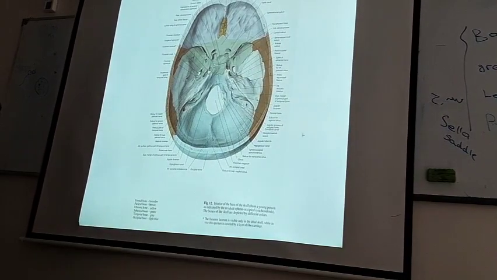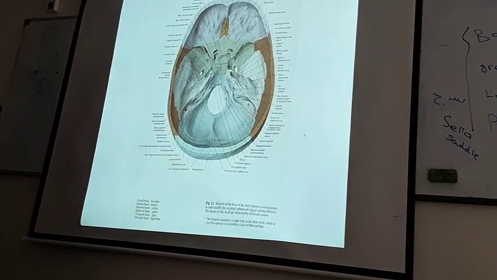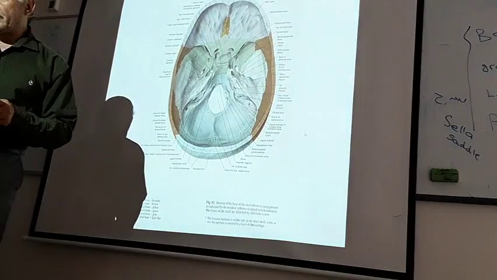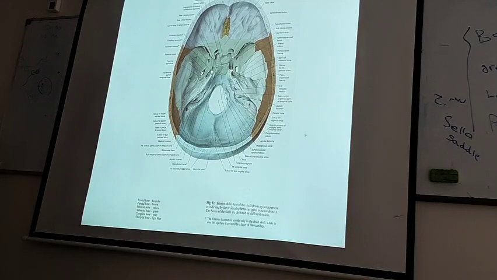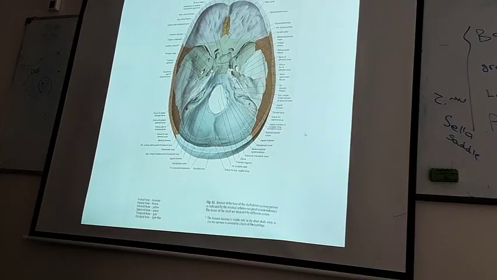Do you know what is clinoid process? Many years ago, in English you say king. What is king in Arabic? Malik. The king comes to sit on the, what is it in Arabic, takht? The king's throne, arsh.